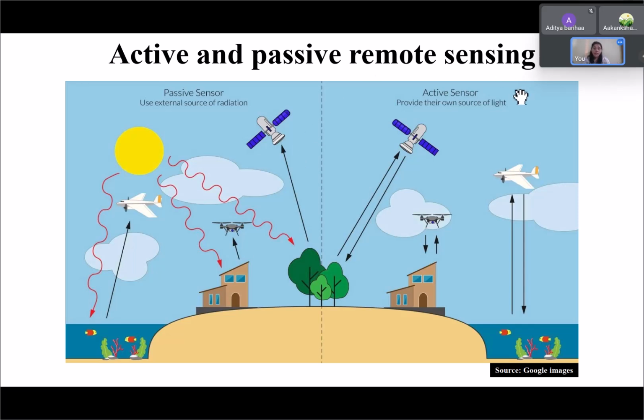But when you talk about an active sensor, you are talking about a sensor which is its own source of light. It produces the beam, and it captures its beam back. What is the advantage in such a scenario? The advantage is you can control the beam. You can control how focused the light will be on the object, as compared to the other one, which is depending on an external source. The sunlight is very dispersed, right?